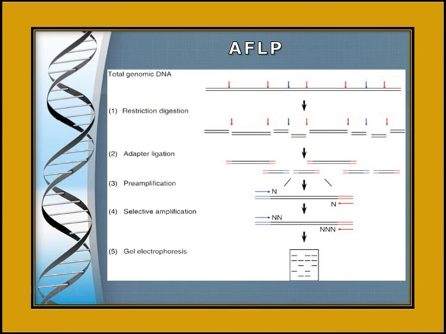The second important method is AFLP, or amplified fragment length polymorphism. Herein we use PCR, wherein specific primers are used and the regions are amplified and separated by gel electrophoresis. Herein we see that there are certain repeat sequences and the number of repeats varies from individual to individual.